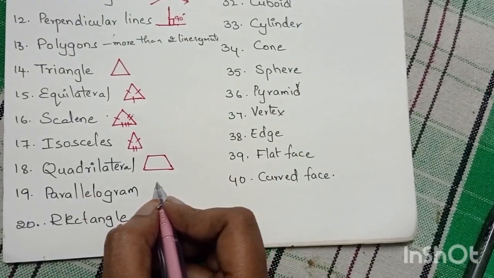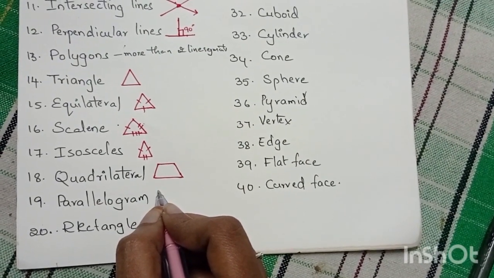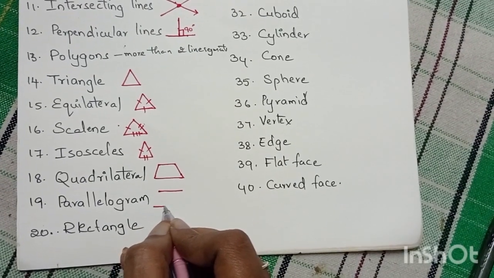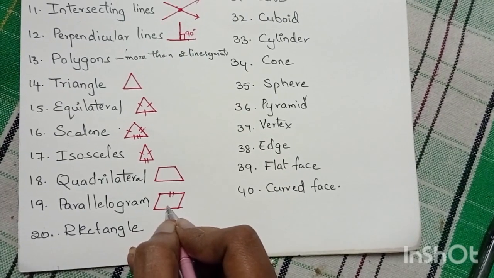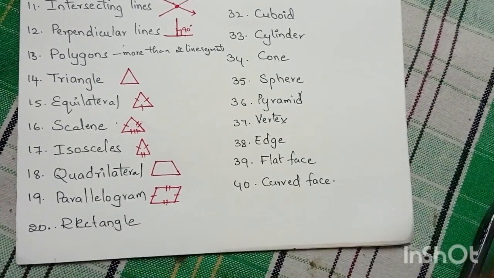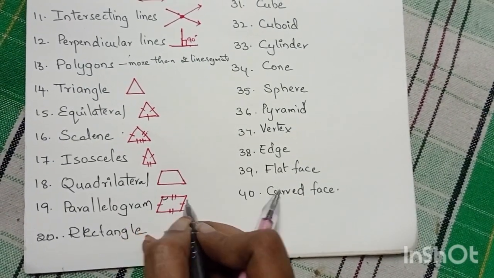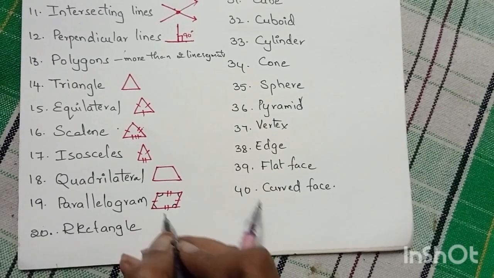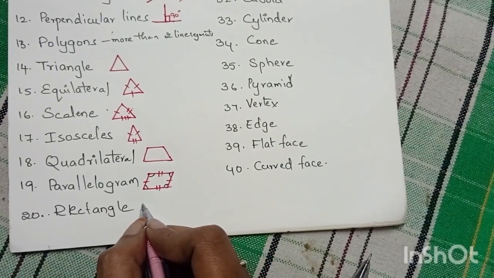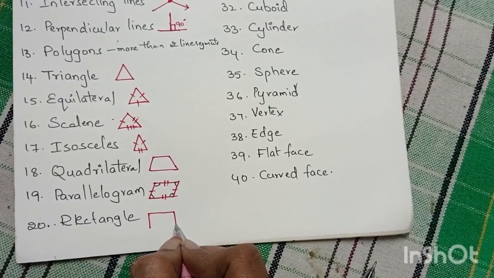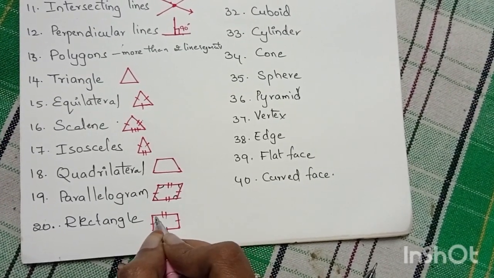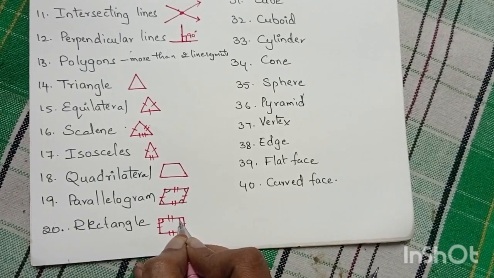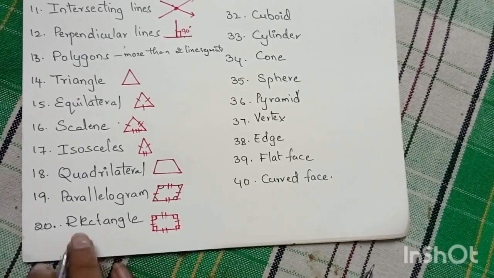Four line segments if we use to form a shape, that is called a quadrilateral. Then parallelogram. It is also a quadrilateral where four lines will be there and two opposite sides will be equal. But most importantly, the angles will not be equal to 90 degrees. If a parallelogram where opposite sides are equal and all the angles are 90 degrees, then it is called a rectangle.